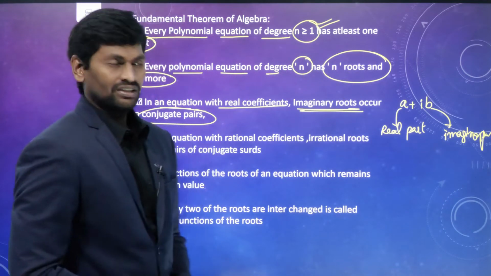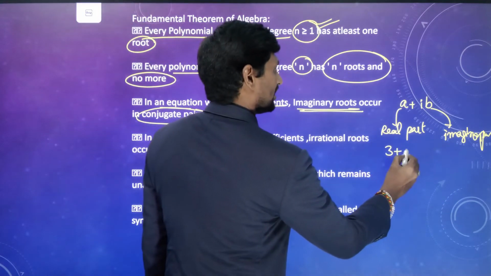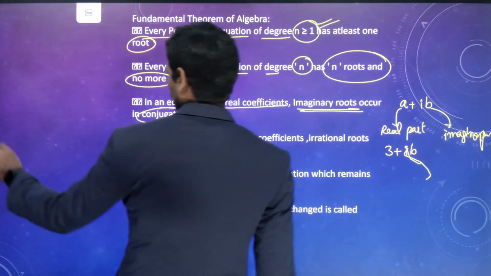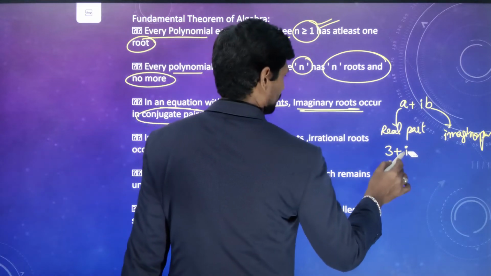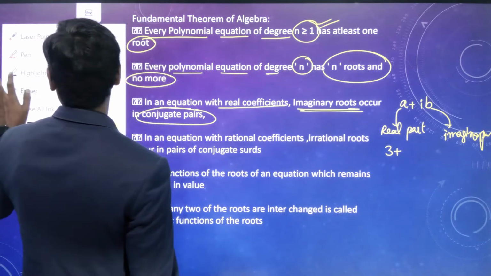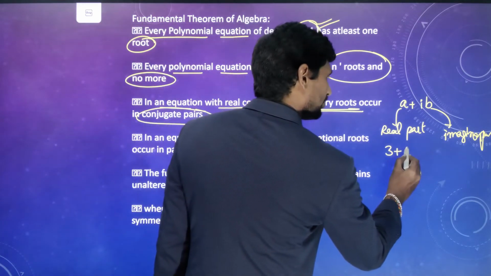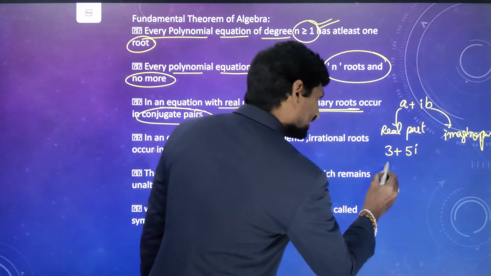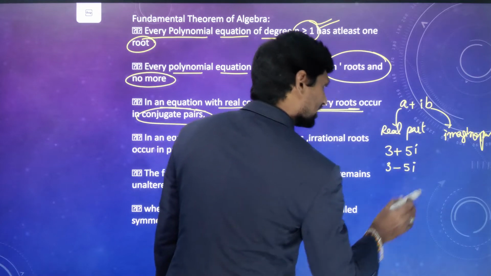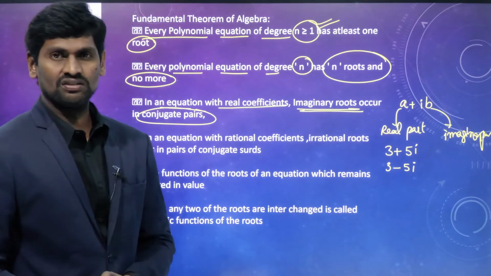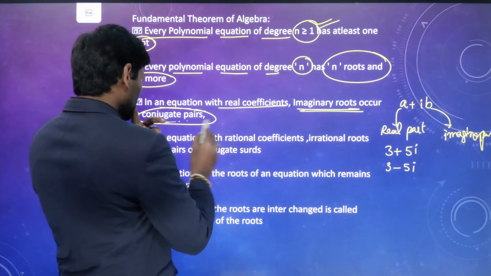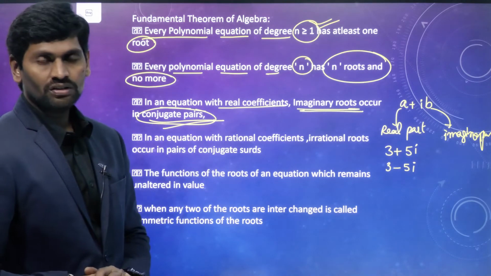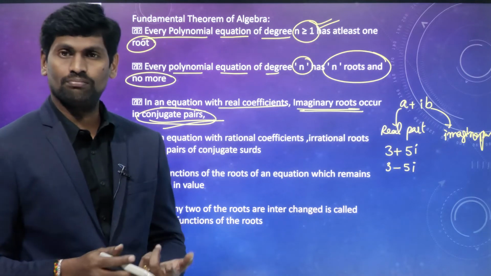That means 3 plus ib, or 3 plus 5i. It is in the form of a plus ib, and its conjugate is 3 minus 5i. So they are conjugate pairs. Imaginary roots come in conjugate pairs if the coefficients are real numbers.